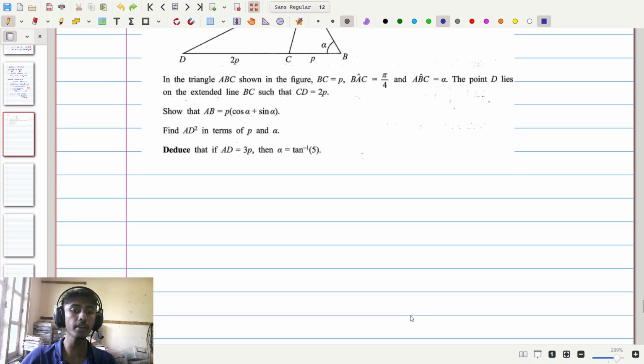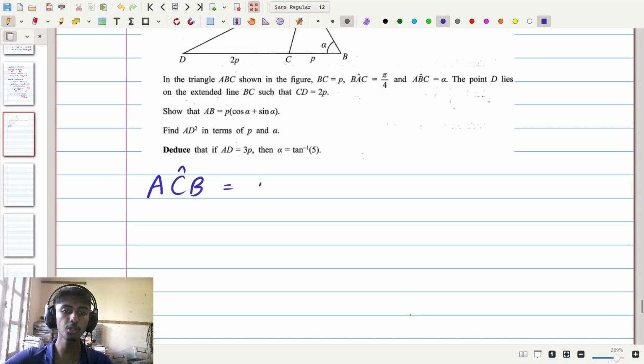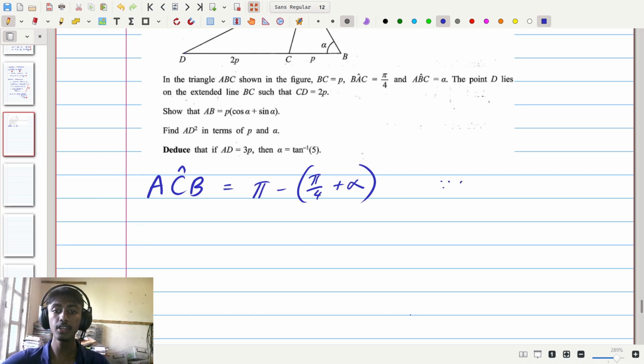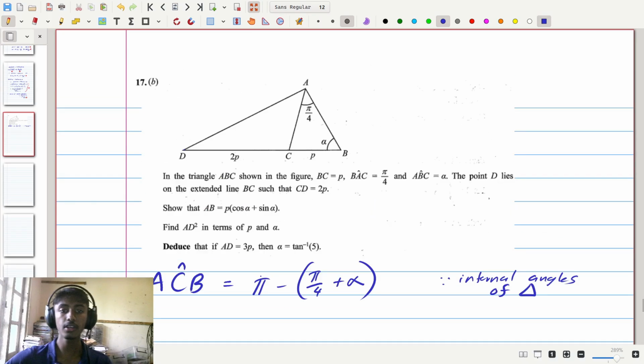So we can say the angle ACB is equal to pi minus (pi by 4 plus alpha), and we can say this from the internal angles of the triangle. Now given this, we know the opposite angle to AB, and we also know the length p here and the opposite angle to that, which is pi by 4.